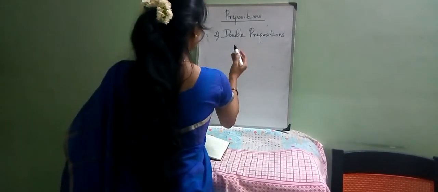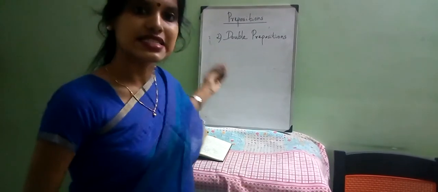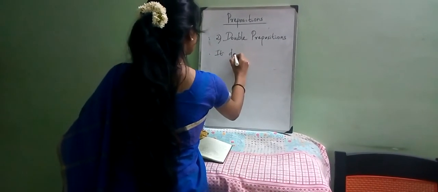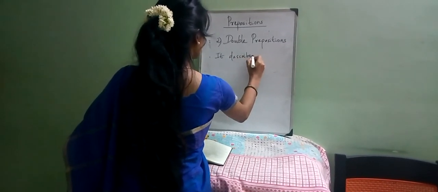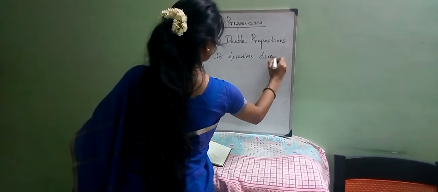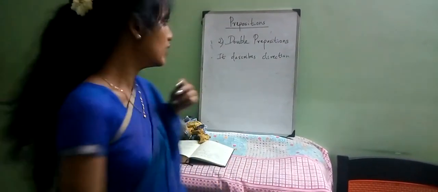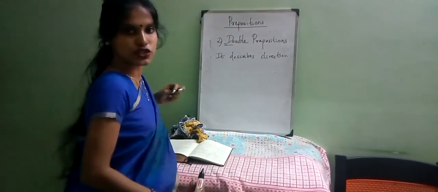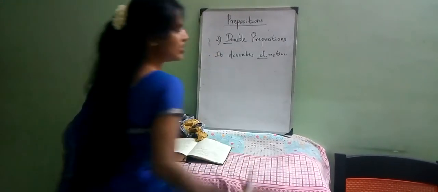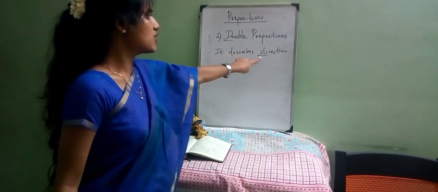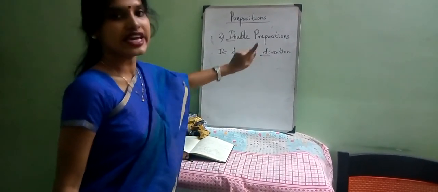Okay, so the double preposition, what does it describe? The first point is it describes direction. So how can you keep all this data in your mind? See, it is double prepositions. You have these two D as the clue. Double prepositions describe direction in a sentence.